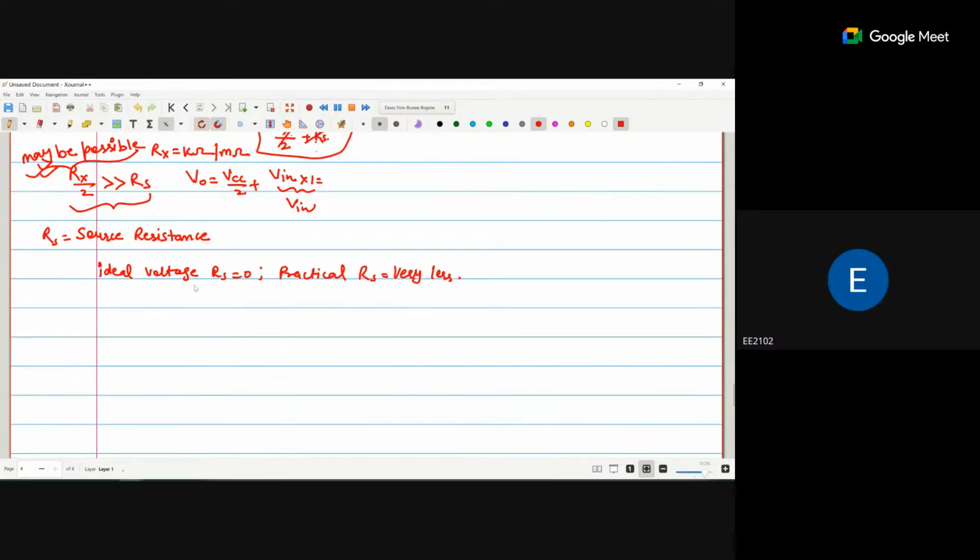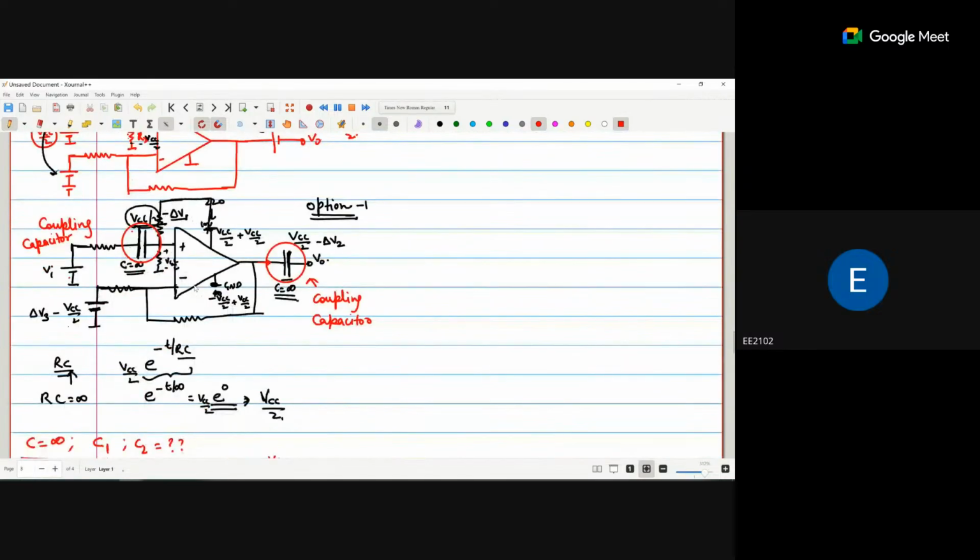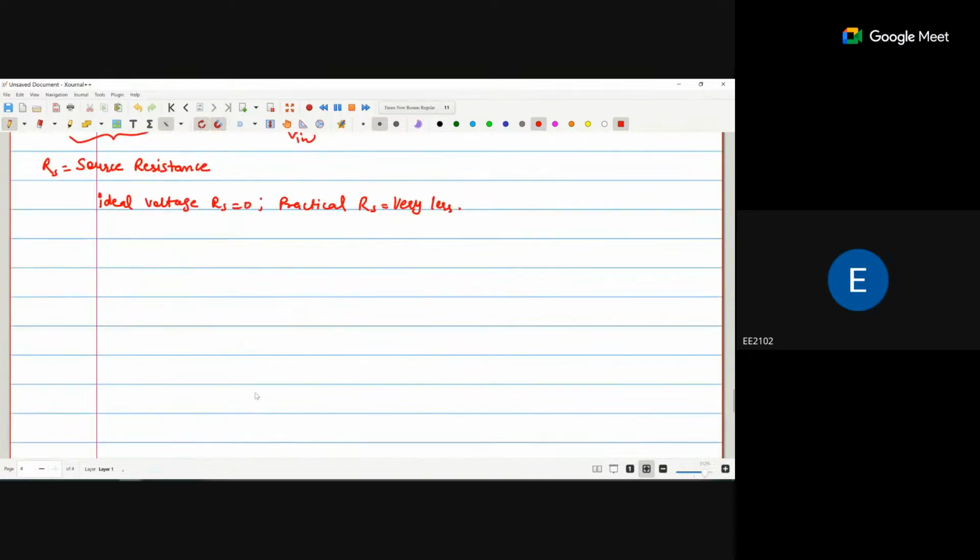Similarly, if we are talking about the output side, so this is my Vout, VCC by 2, and here it is RL. So at the output side, we have a circuit. This is the Vout, capacitor, RL, and this is called the VB.